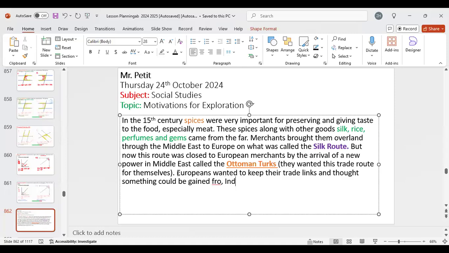That's the East. When we talk about the East, we're talking about places like India, China, and Japan. And what they thought could be gained from them: gold, silver, and precious stones.